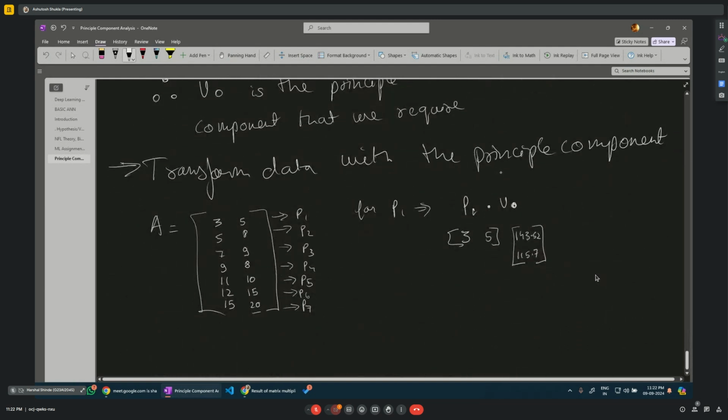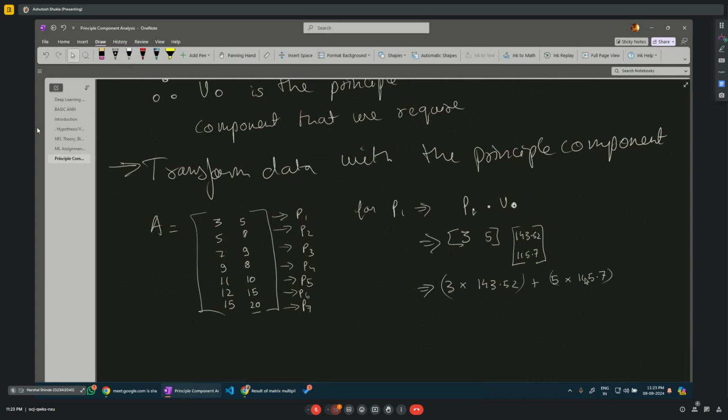So what happens is you get 3 multiplied by 143.52 plus 5 multiplied by 115.7. So that is equal to that. And can somebody do this? 3 multiplied by 143.52 is equal to 430.5.